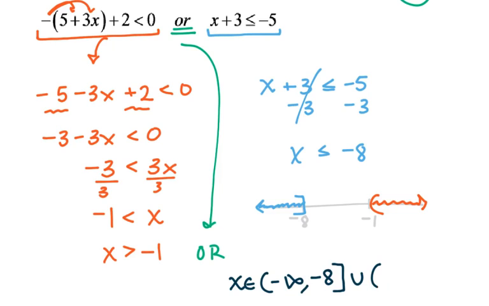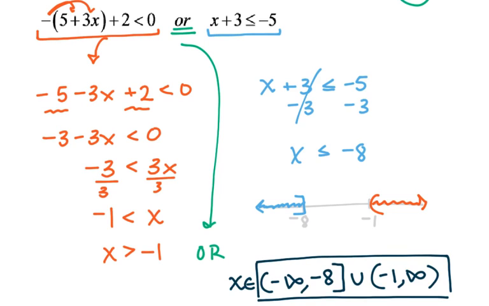So we say union negative 1 to infinity. And that would be our answer for this problem. So it's just really important for you as a student to remember the difference between and, intersection, versus union, or.